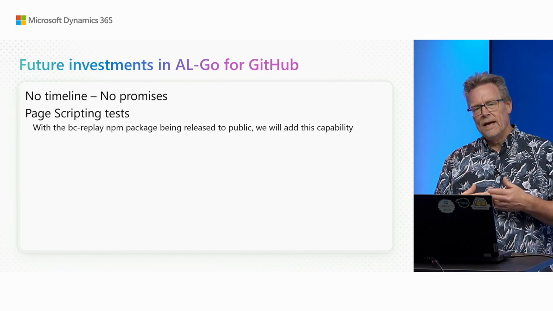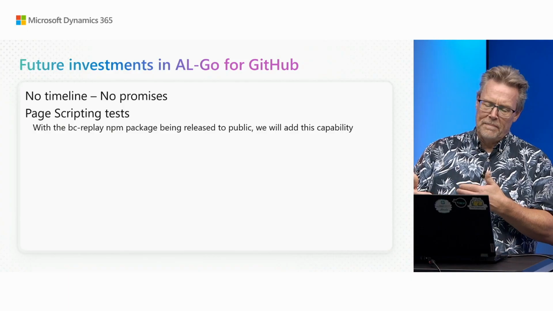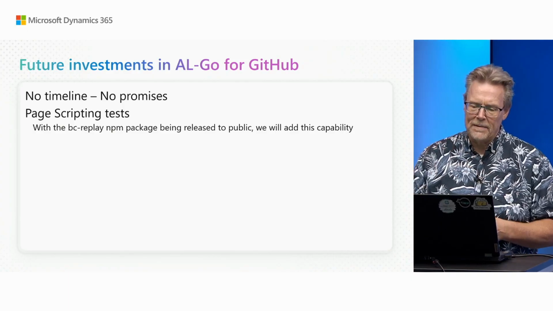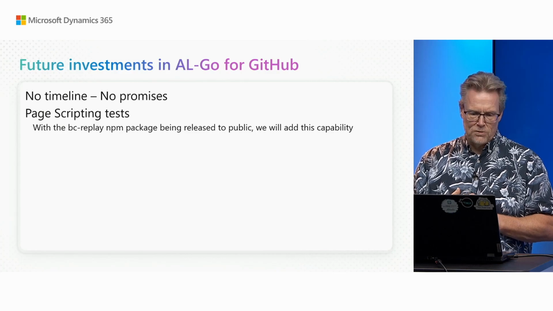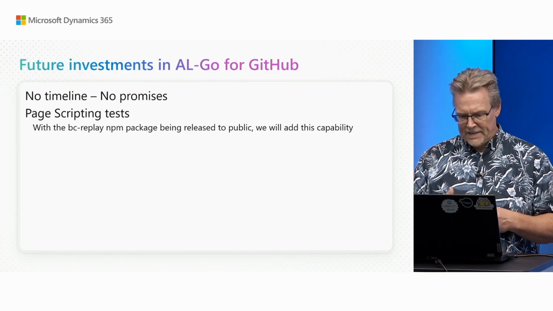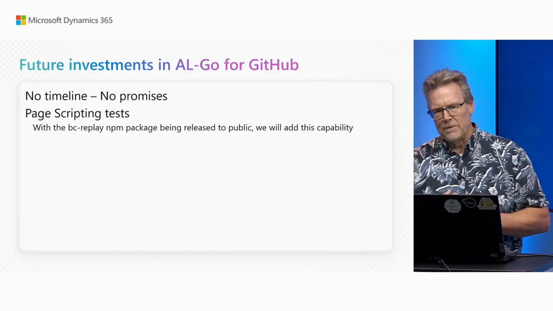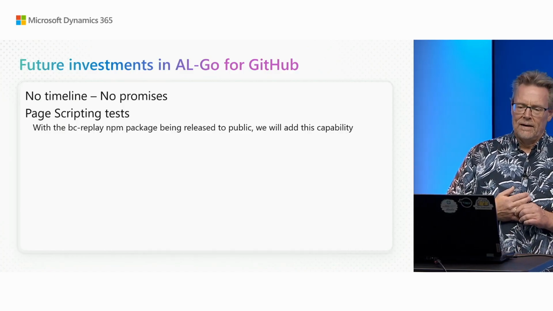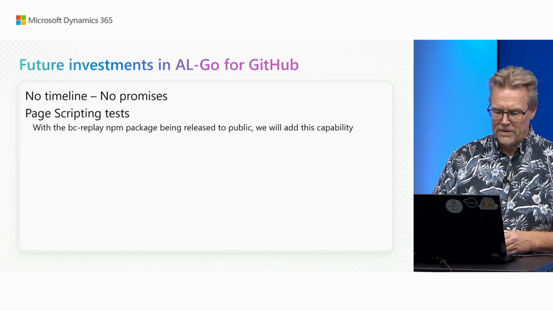And that means that we can, in AL Go for GitHub, start also running the Playwright scripting tests as part of our pipelines. We are not ready with that today, so I actually think ALOps beat us to it. But that's absolutely fine. We'll also provide the ability to run Playwright scripted tests directly in your CI/CD or in your test current, test next minor, test next major workflows.